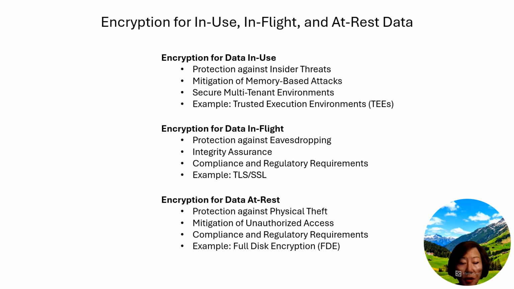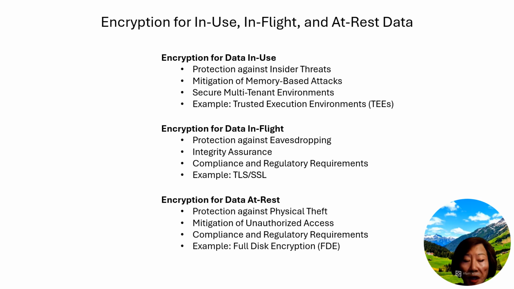I'll give you an example of what technology helps you encrypt data in use. This technology is called Trusted Execution Environment, TEE in short, and it has multiple kinds of implementations.